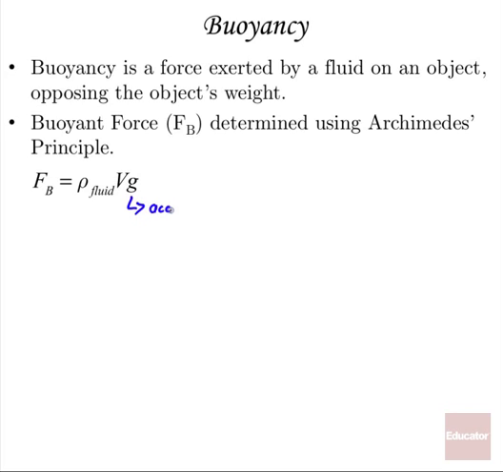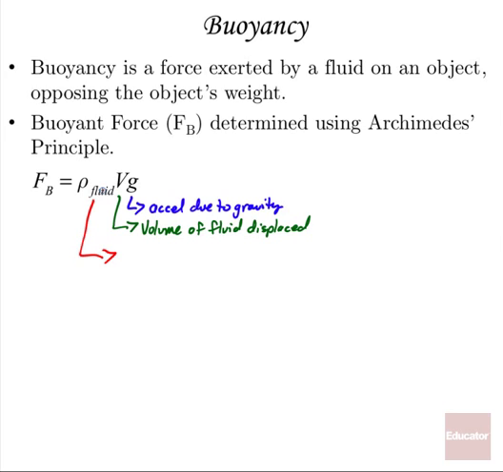G, of course, is the acceleration due to gravity. The volume is going to be the volume of the fluid displaced by your object. And typically you just see this written as density, but I like to put the fluid after it to remind me.